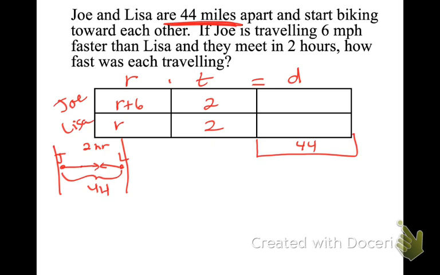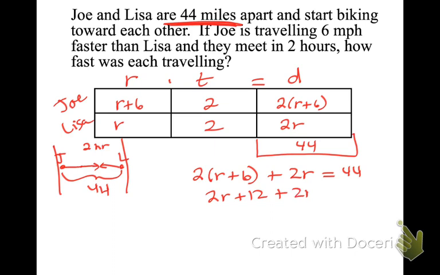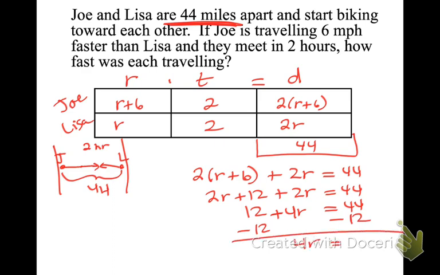So multiply across. 2 times R plus 6. Multiply across 2R. Easier to do with one variable, huh? So it's 2 times the quantity of R plus 6 plus 2R equals 44. 2R plus 12 plus 2R equals 44. We get 4R is equal to 32.